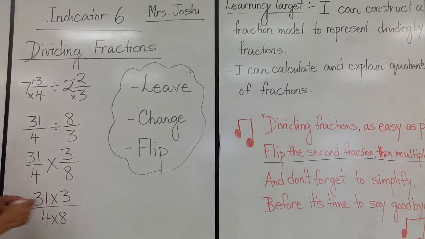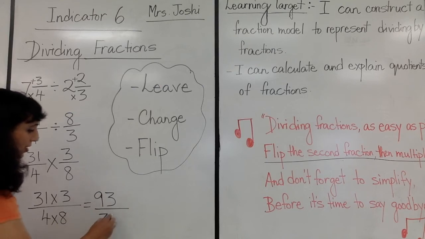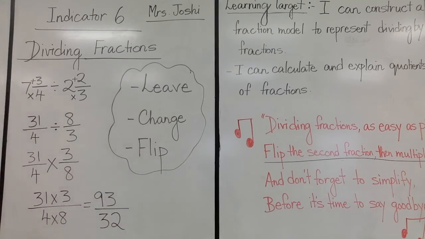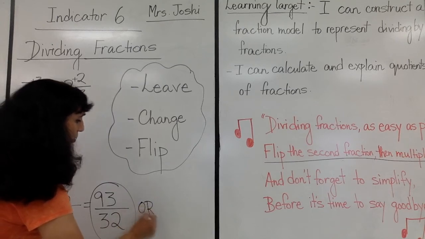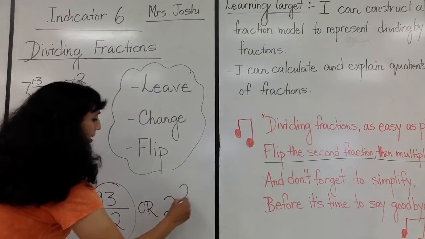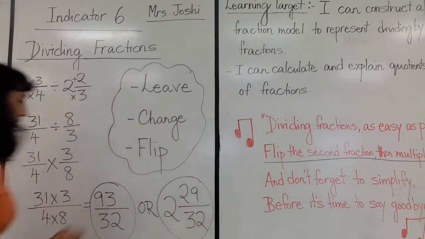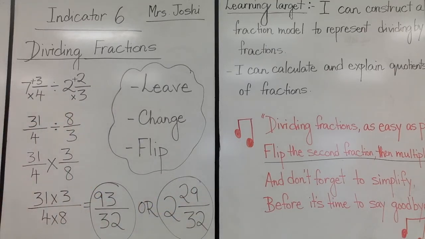All right, and so this gives me 93 over 4 times 8, which is 32. Okay, and then you can leave it either like this, or you can change it to a mixed number, and you will get 2 and 29 over 32. Okay, so 2 and 29 over 32 will be your answer.